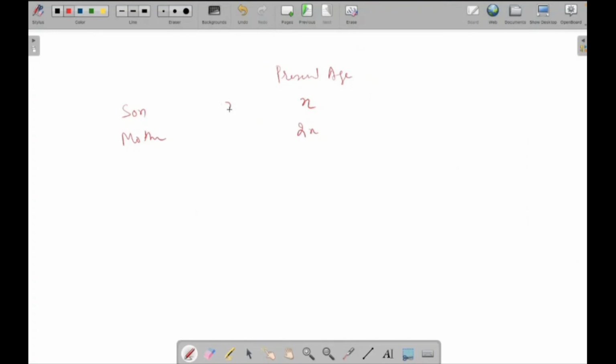So this will be X minus 3. They said 3 years earlier, so the age of the mother will be 2X minus 3. Then they will give you a relation, that 3 years earlier the age of the mother was 3 times the age of the son.